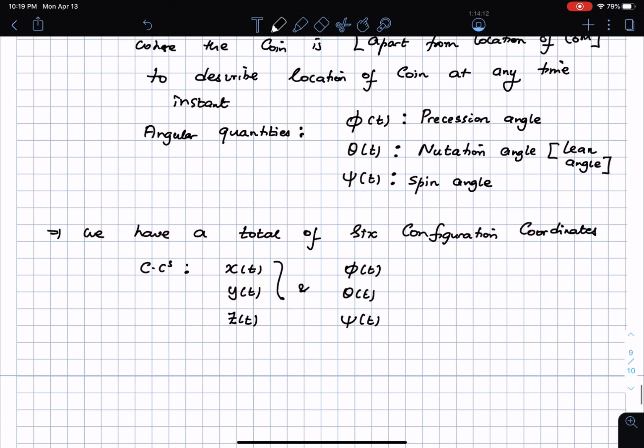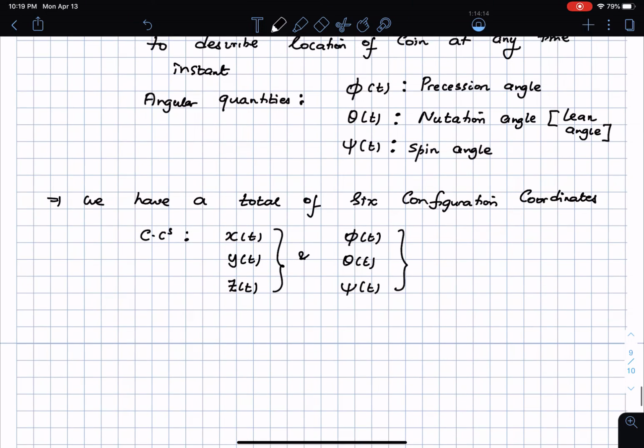Okay, so we have that. The constraint equation is that the coin rolls without slip.